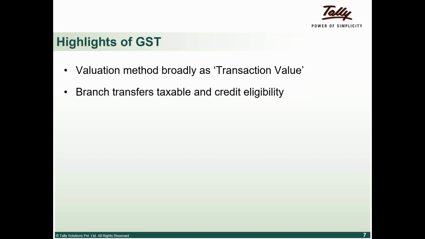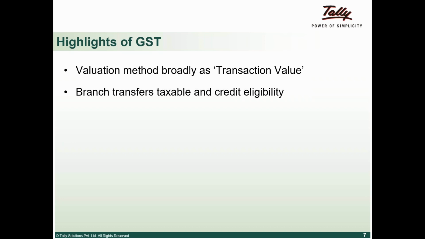Okay, another major change that is happening is that currently, under VAT, when there is a branch transfer from HO to branch or from branch to branch within the state or across the state, there are some declaration forms. We provide this declaration form, and based on it, these transactions do not attract any taxation. But under GST, we need to recall this word supply.